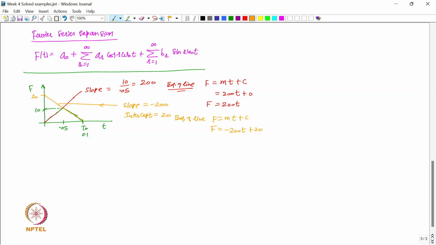So now we are in a position to write the equation of line. So therefore we can write the expression for f of t.